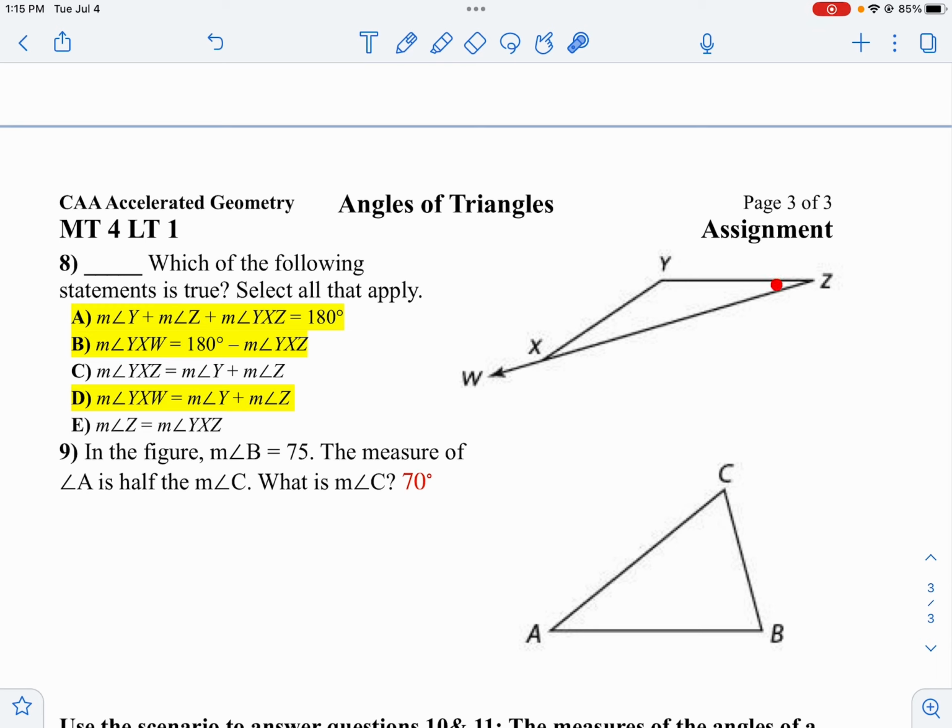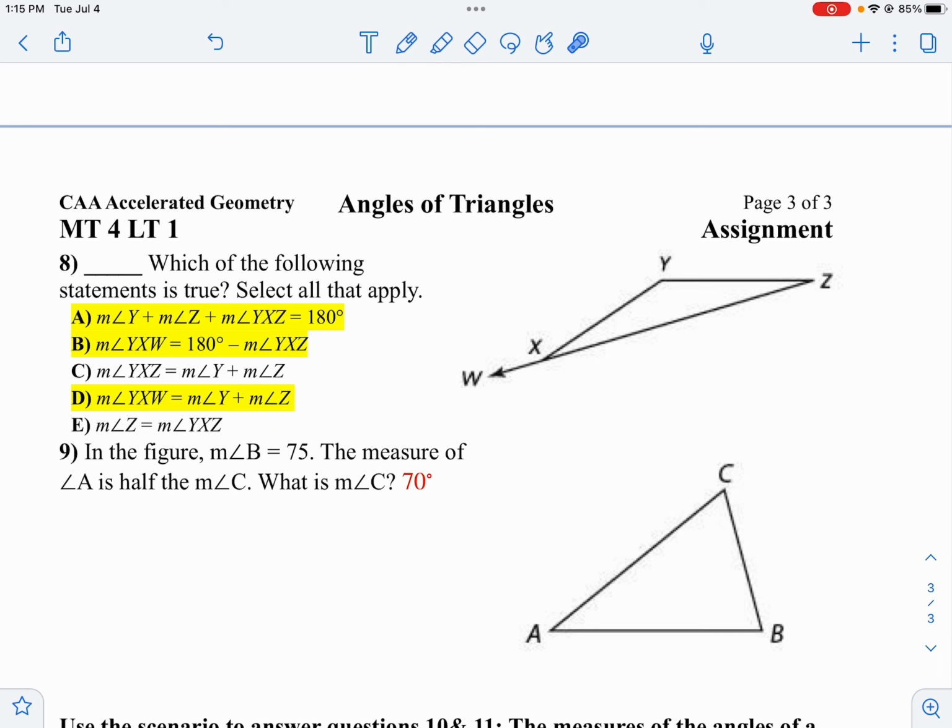No, it's not. All three have to add to 180, but y and z don't have to add to yxz. Is yxw equal to angle y plus angle z? That's your exterior angle theorem, so that's correct. And then finally, does angle z have to equal yxz? We're not told it's isosceles, so no, we can't say that.